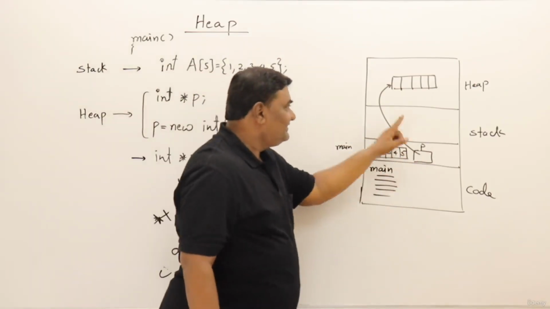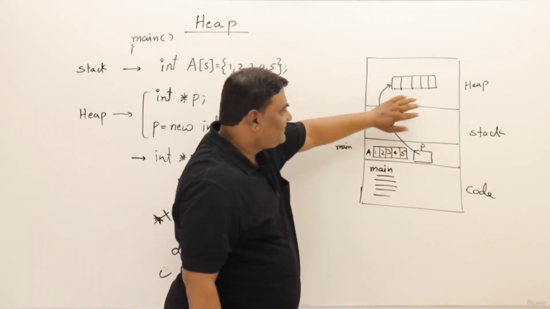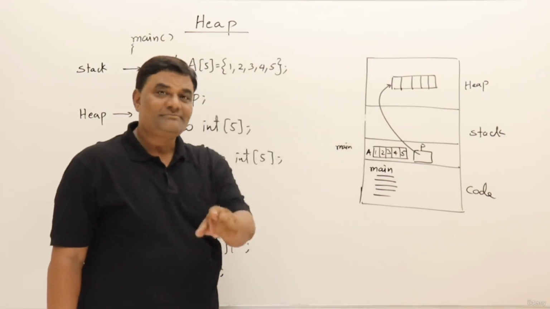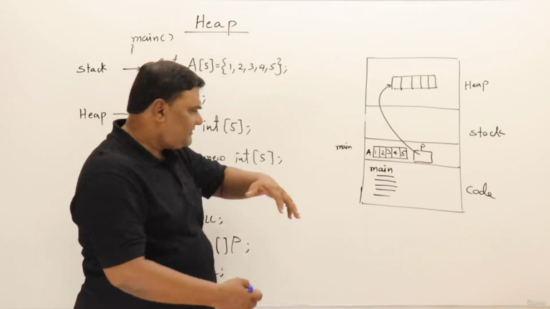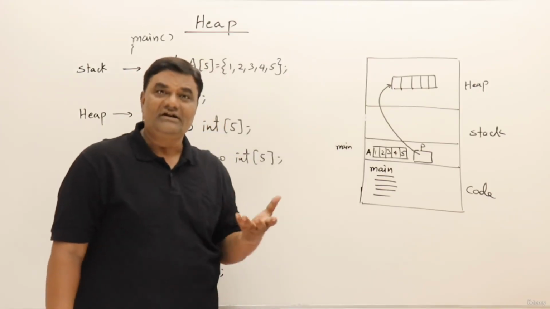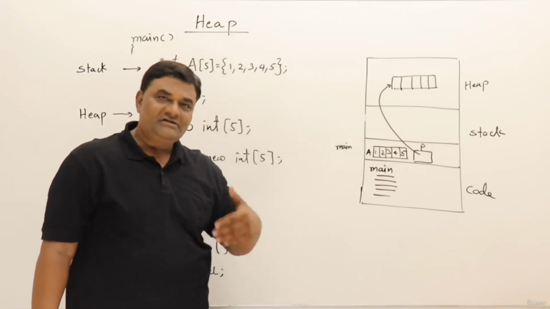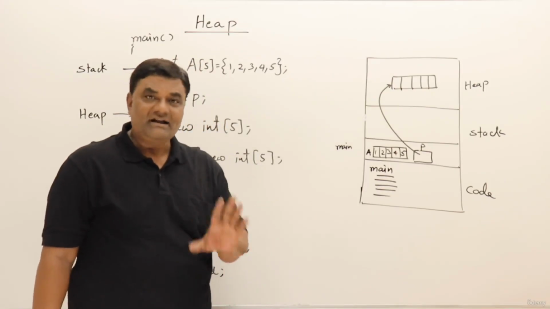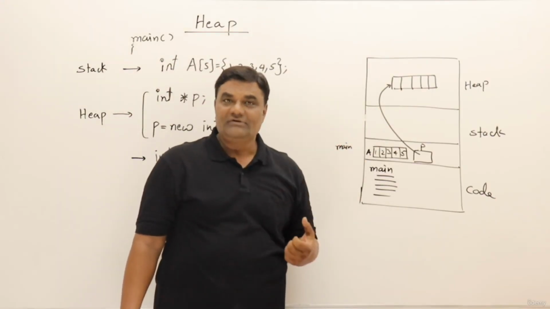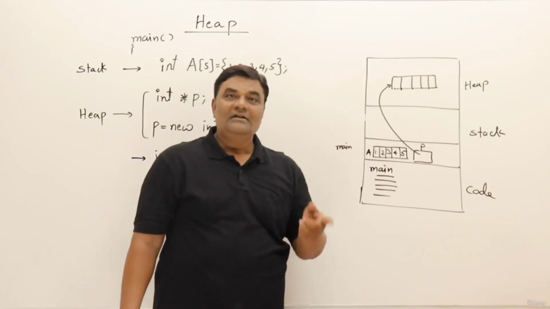If I say p = NULL, then the pointer will not be pointing to this memory. Then the memory is still there inside heap as long as the program is running. So assume that you have a big program, and somewhere in another function, not main, you allocated memory, and the function has stopped, but the program is running, the memory will be there as it is. So you must deallocate when you are not using it.